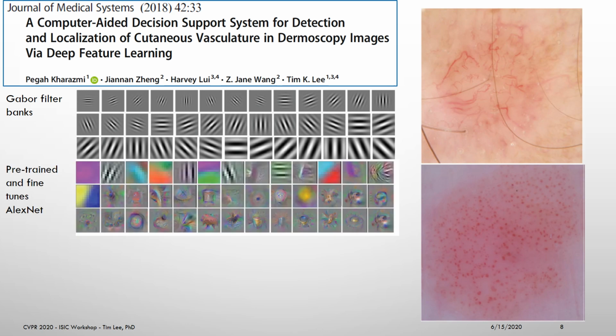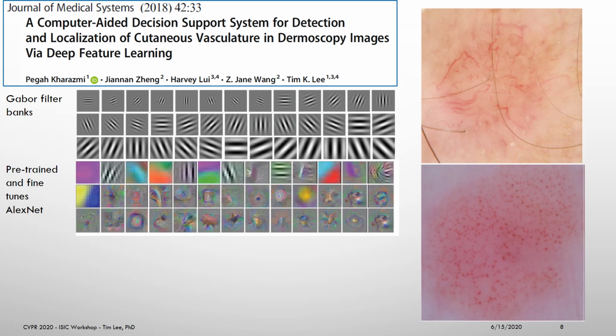Here we examine the filtering features of the system. The SSAE network was initialized by a fine-tuned pre-trained AlexNet. Here we visualize a small set of the pre-trained and fine-tuned features.